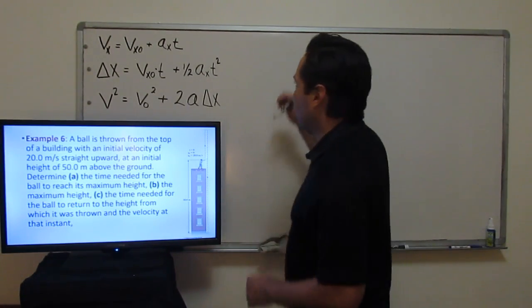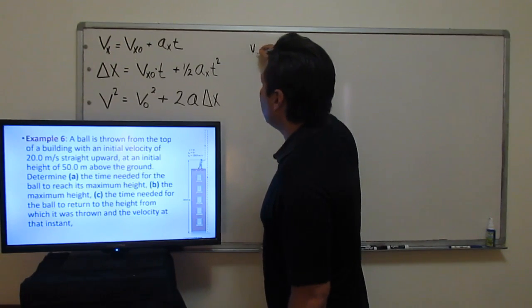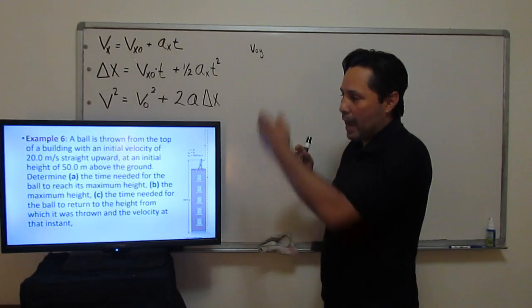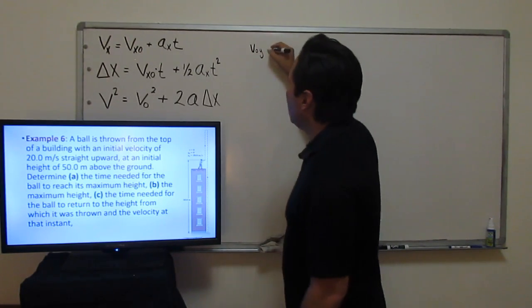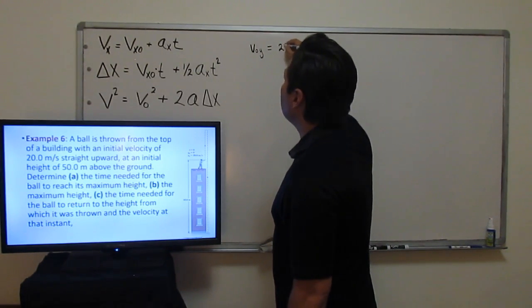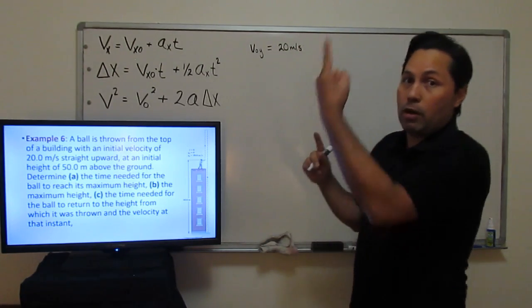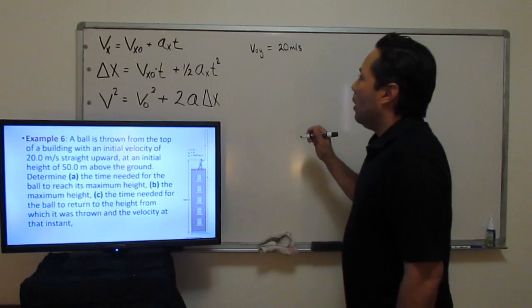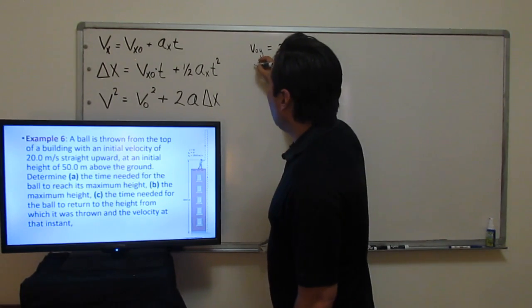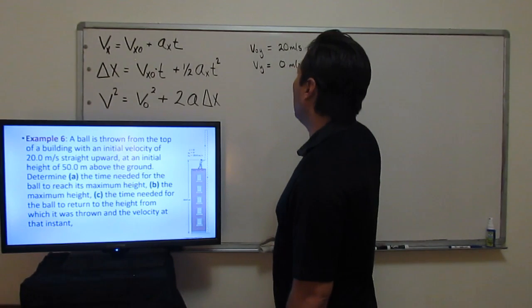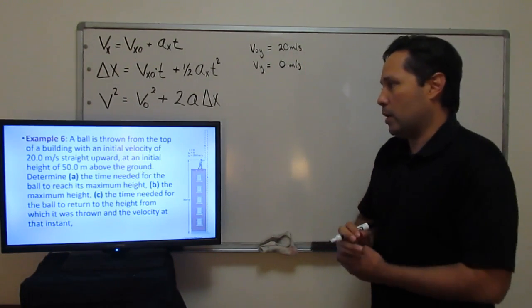So that's implied. So our original velocity at time 0 on the y-axis, now we're going to be looking at the y-axis because it's up and down, is 20 meters per second, and positive because we said up is positive. Alright, and final velocity on the y-axis is 0 once it reaches the top at that moment.